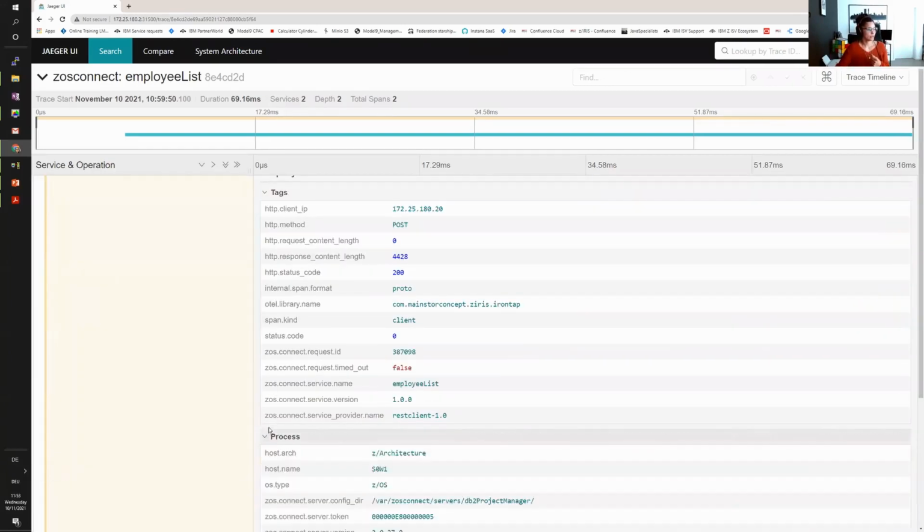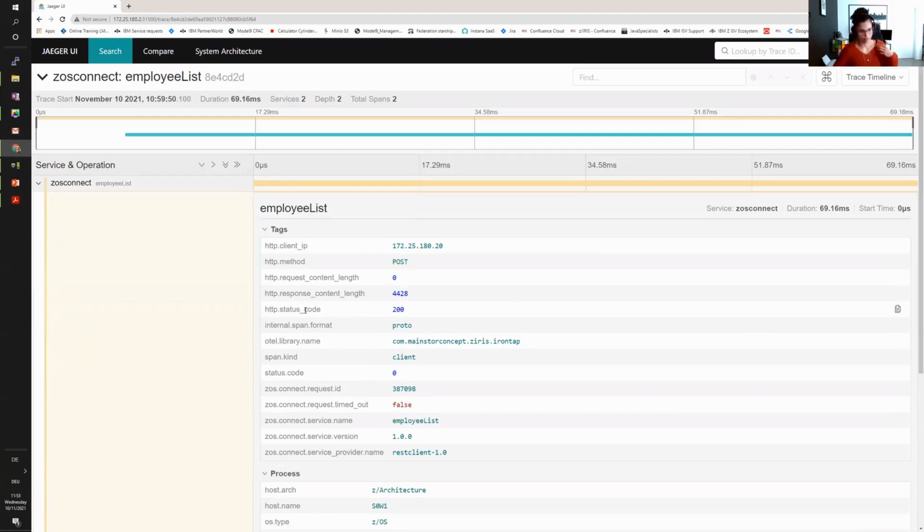And those details are provided in what are called tags. Tags are searchable. It means when I provide a tag with a name and a value in all of my traces, I can find commonalities. I could find all the traces that have a request timeout flag, true or false, meaning HTTP requests that have timed out.